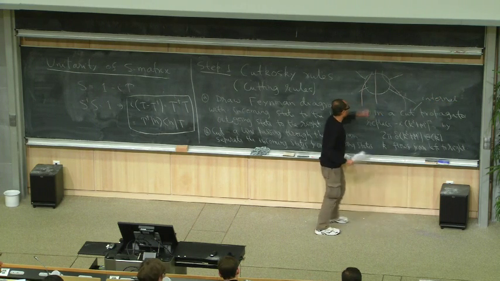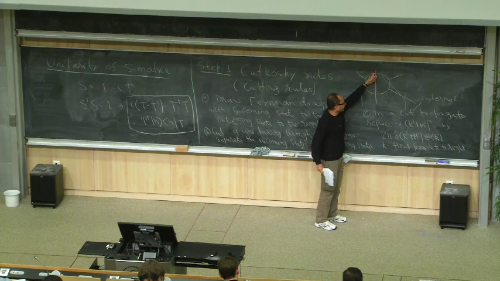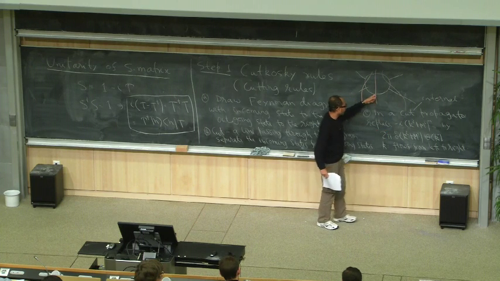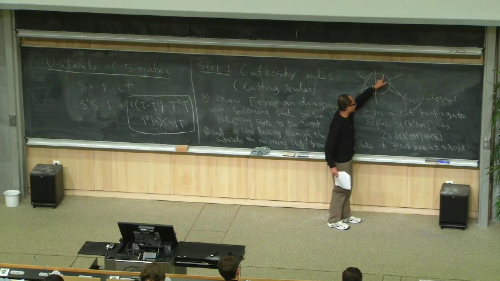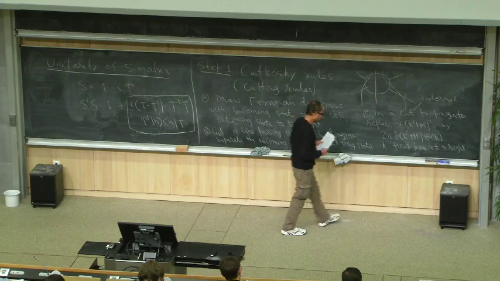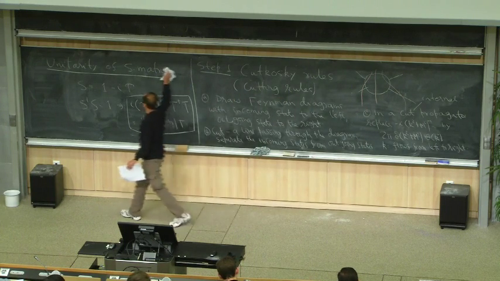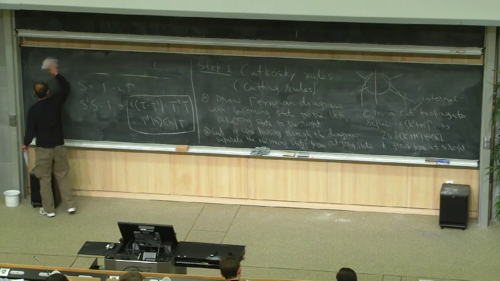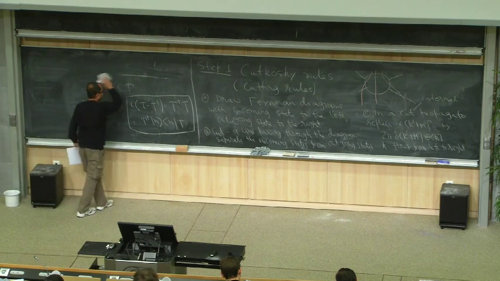So, for example, if you have a cut like this, then for this line, you will replace the 1 over k squared plus m squared by this factor, and also for this line. Similarly, if you have a cut like this, then for these two, you will do the same. And the final rule is that the amplitudes that are to the right of the cut must get complex Hermitian conjugated.